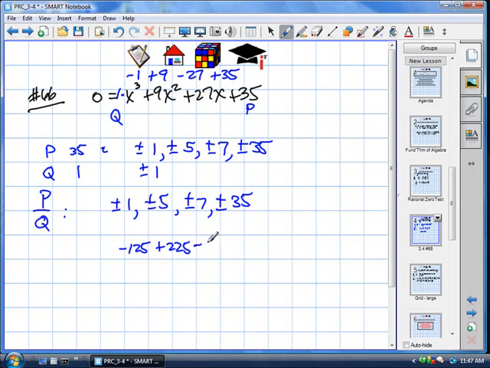Negative 135. And plus 35. Okay, we have negative what? Negative 260.